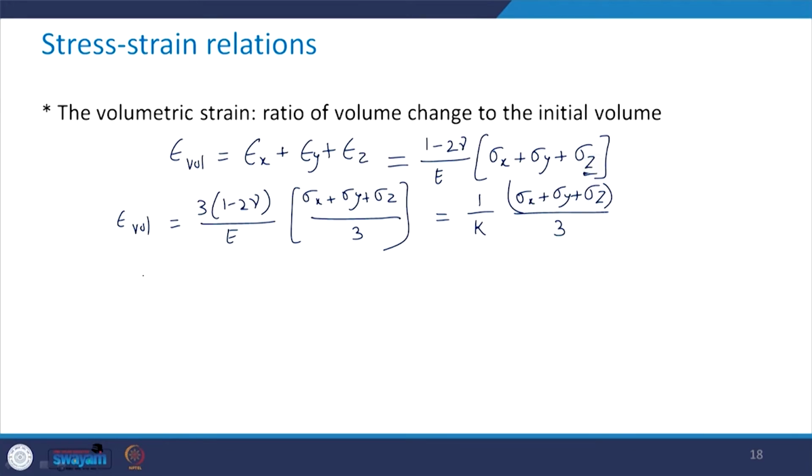Okay, so here you will have this K as the bulk modulus. We already have defined E as the elastic modulus and G as the shear modulus. So basically this K is defined as a bulk modulus and is given as E upon 3 into 1 minus 2 nu.